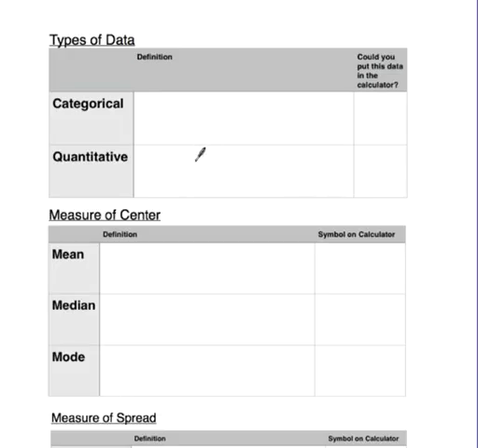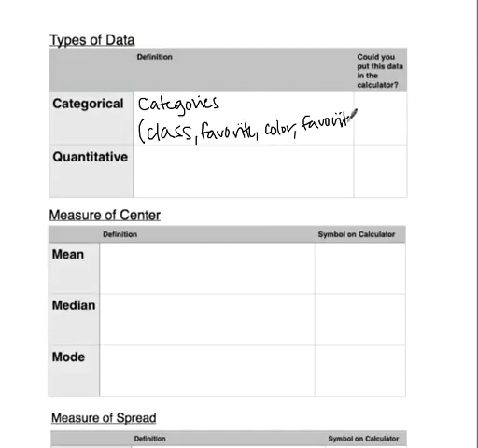So we have two types of data. We have categorical data and we have quantitative data. Categorical data is basically like categories. So this might be your class in school, like freshman, sophomore, junior, senior. This could be your favorite color, or your favorite sport.